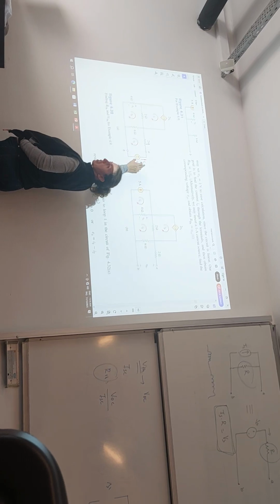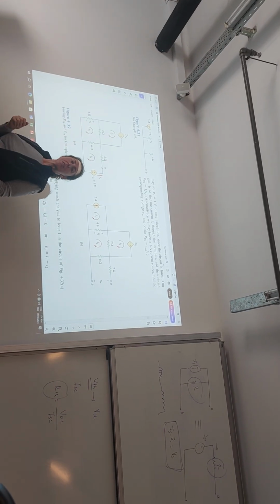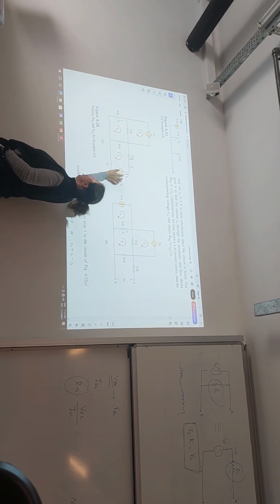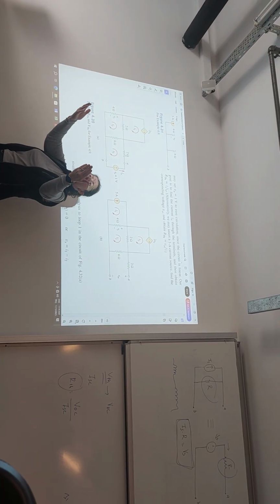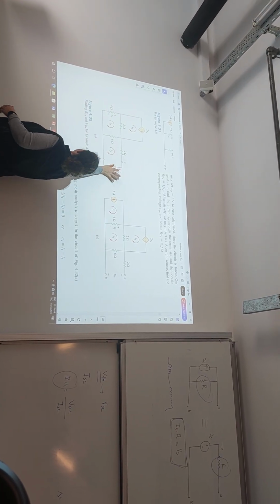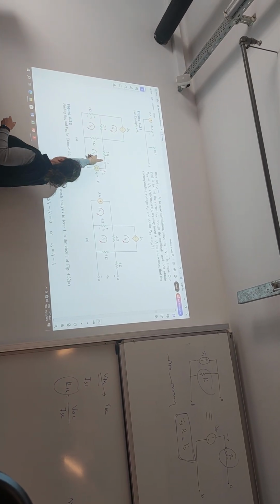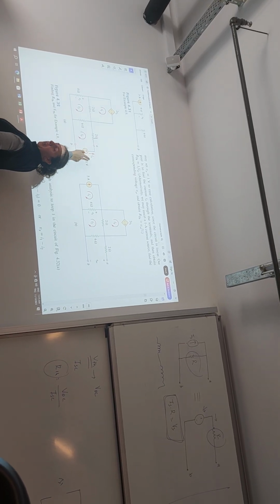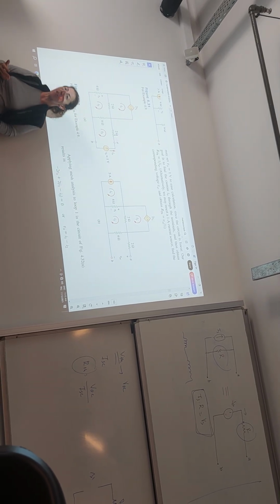Because this potential divided by the current gives the equivalent resistance of the system, right? This current depends on the rest of the circuit connected between A and B. So if you know this potential and calculate I0, this divided by I0 is going to give you the Thevenin resistance of the circuit.